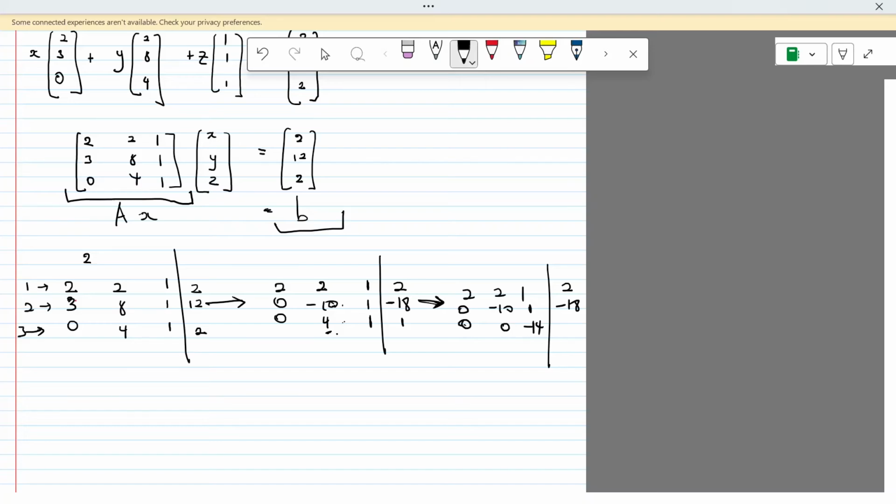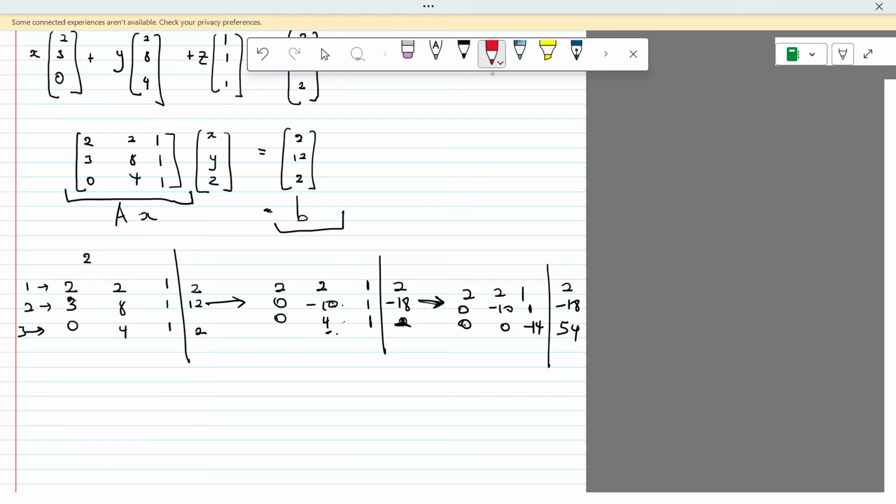That's minus 18 times minus 4, that's a 72. We had multiplied this by a 10, so this 2 becomes a 20. 72 minus 20, that's a 54.